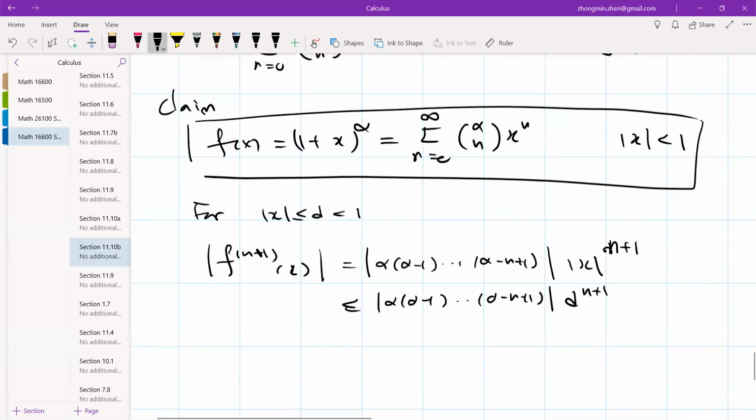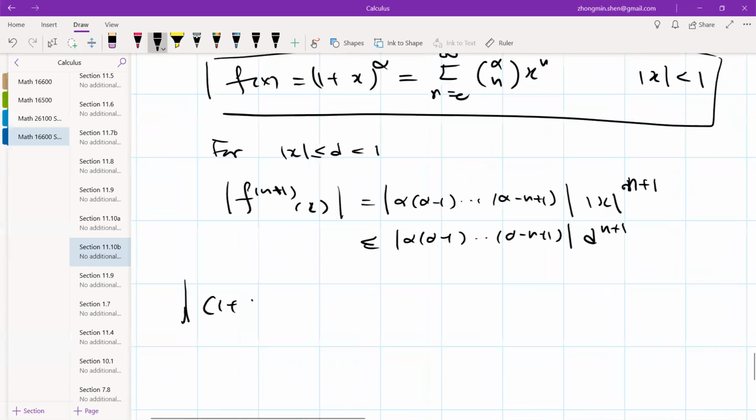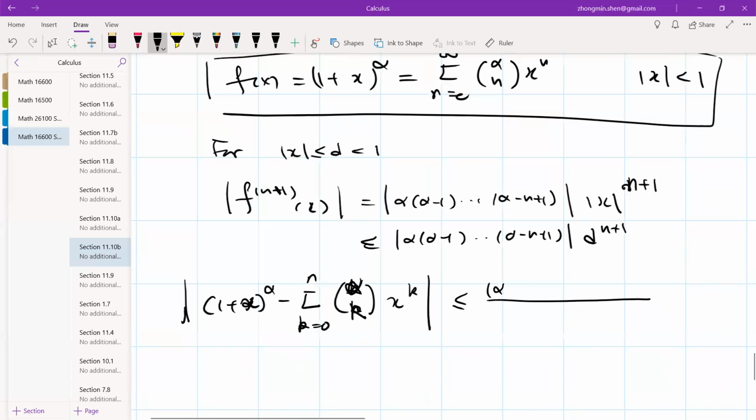And so the error is going to be smaller than something.